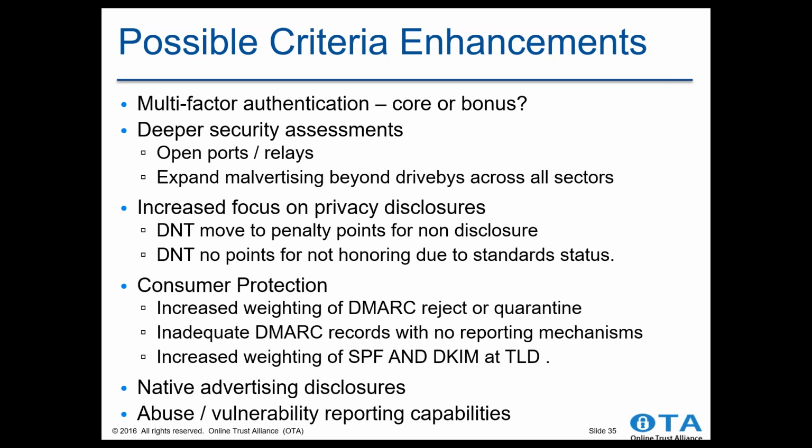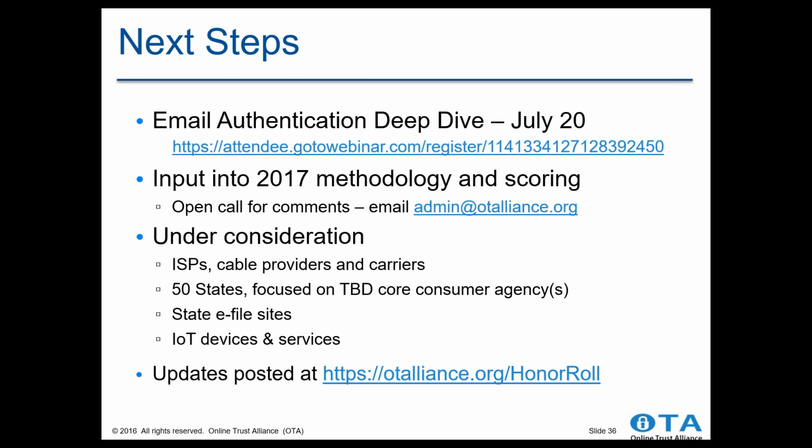The DMARC policies, again, the inadequate DMARC records we mentioned, those will probably be scored or not receive any scoring, and there will be increasing weighting of SPF and DKIM. So these are some of the other areas, but we'll get into that, time permitting, in the Q&A, but I want to make sure we have lots of time for the Q&A here.